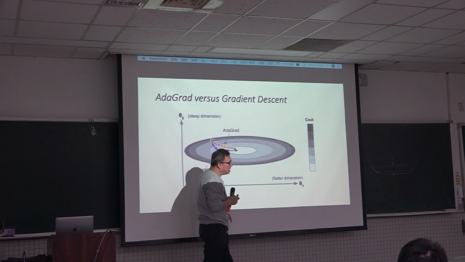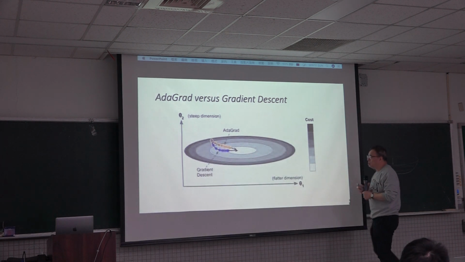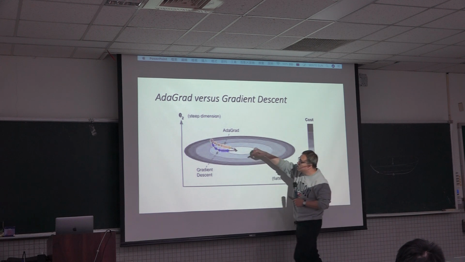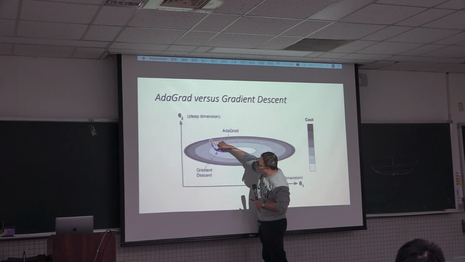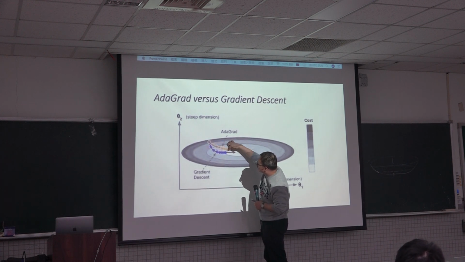But in momentum optimization, it's like you provide a much faster speed. So it's not going to move along such a long curve. It's going to move kind of like here.